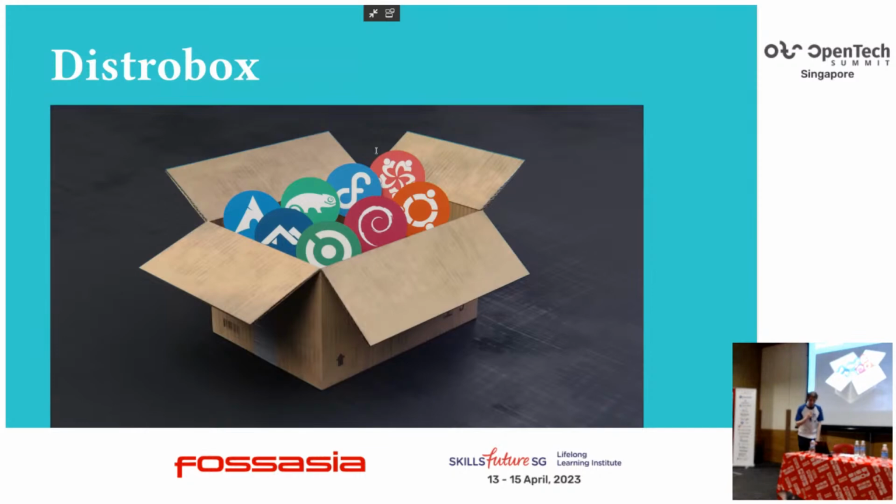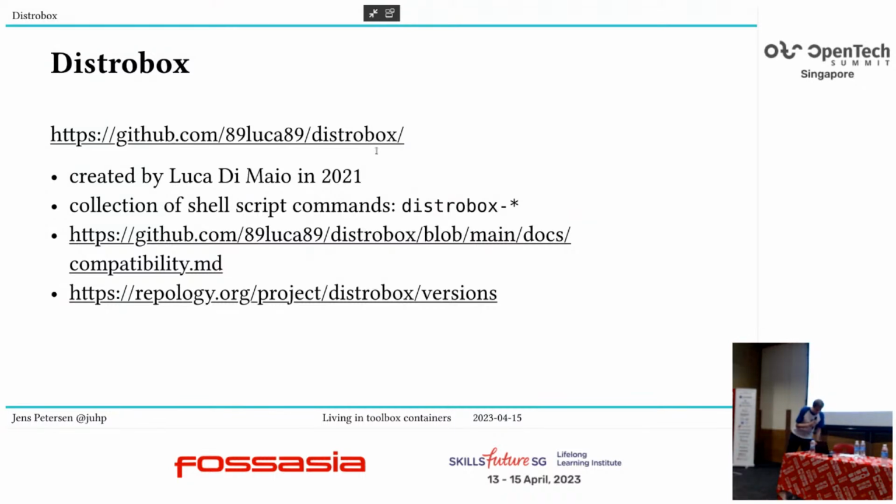All right, let's move on to DistroBox. This is a nice graphic. This is a community project started in 2021, and I think originally it was a port of the Toolbox shell script.